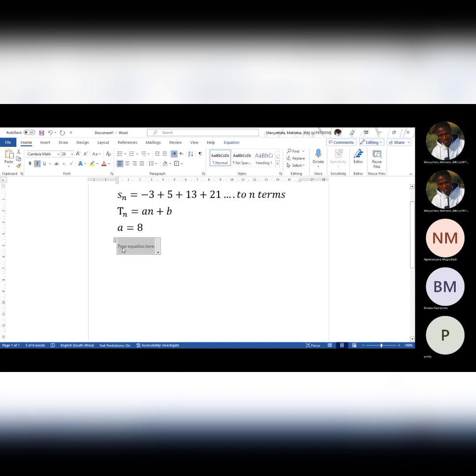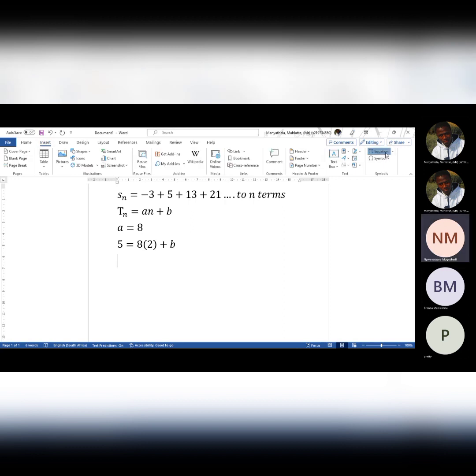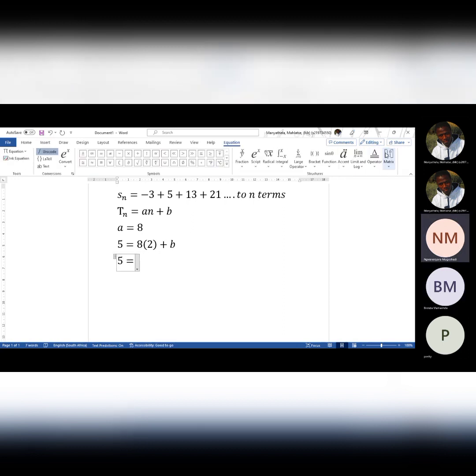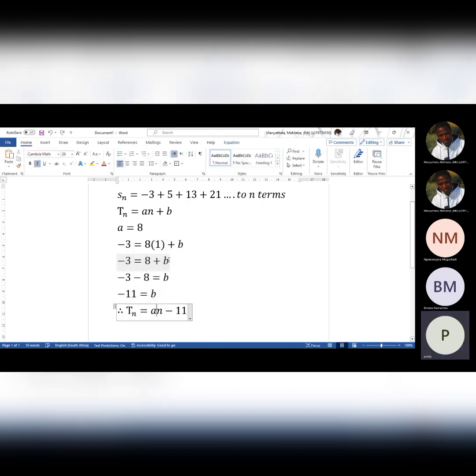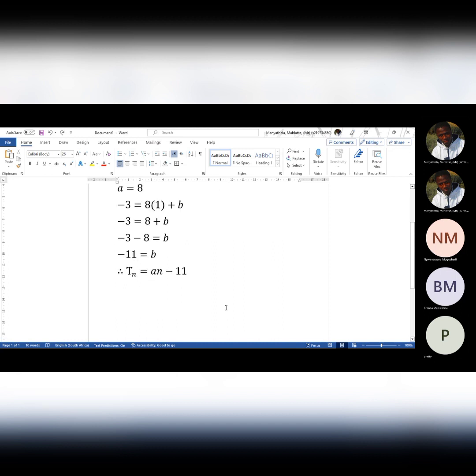So if we were to use 5 again, equal to the difference, which is 8, into 2, plus B. 8 times 2 is 16. So 16 plus B equals 5, so it's 16 minus 11, or B equal to -11.